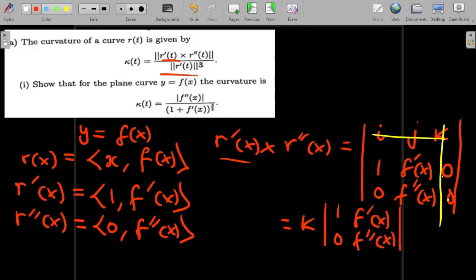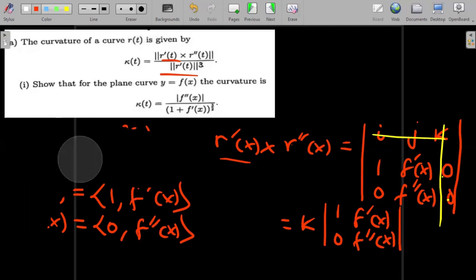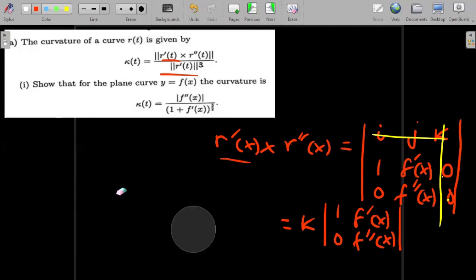When that multiplies out, 1 multiplied by f double prime of x, you get f double prime of x. But this side, you have 0 multiplied by f prime, that gives you 0.